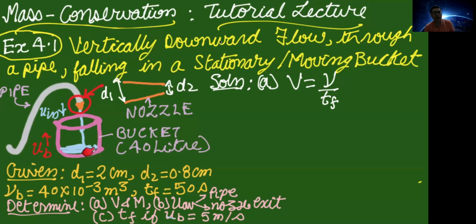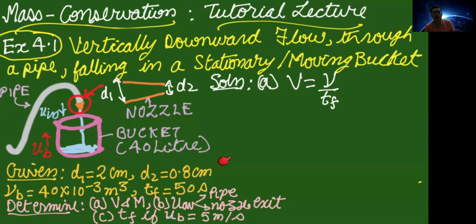So let us allow the water to fill this bucket completely. So we know the total volume which is getting filled up, and we have a stopwatch and we measure the time. Let us suppose you find that to fill this 40 liter of water, the filling time is 50 seconds.